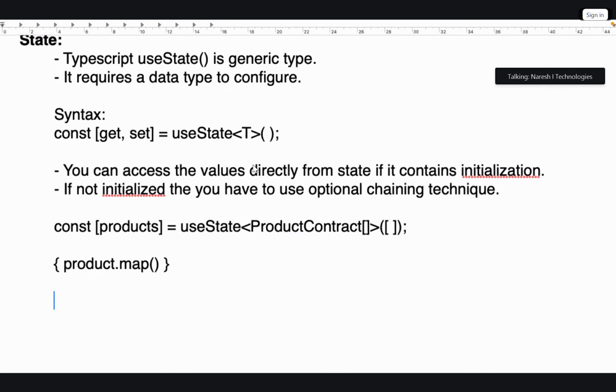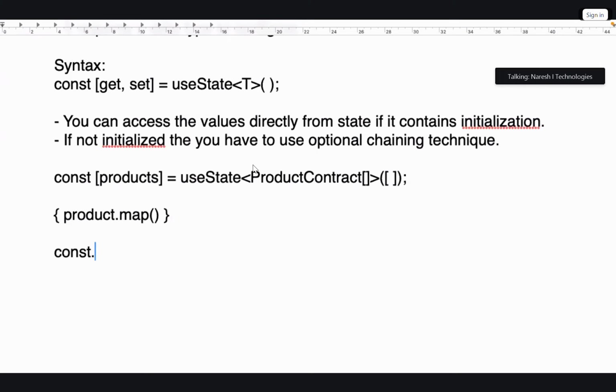But if initialization is not there, suppose we have products, useState, and it is using what type? Product contract, and it is not initializing anything.